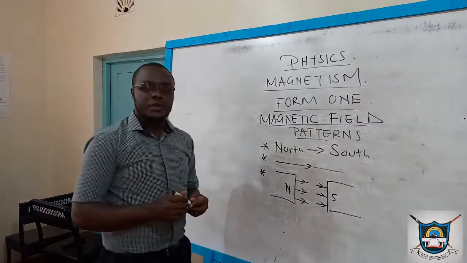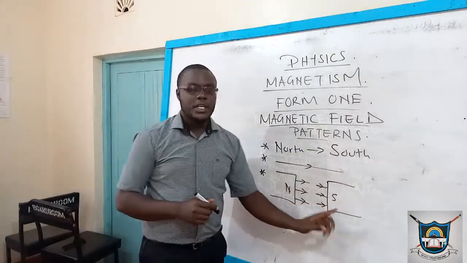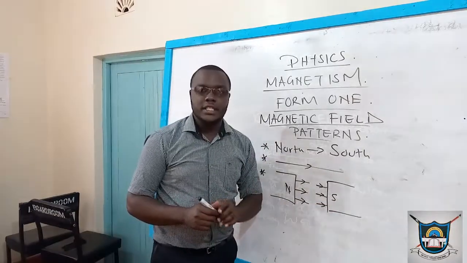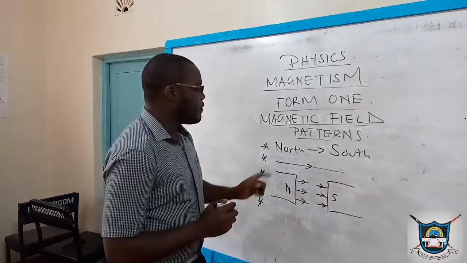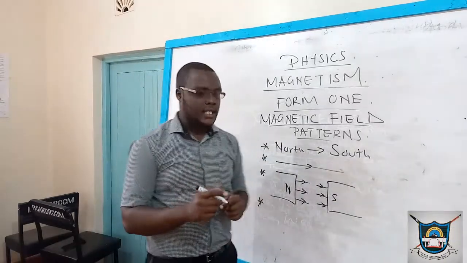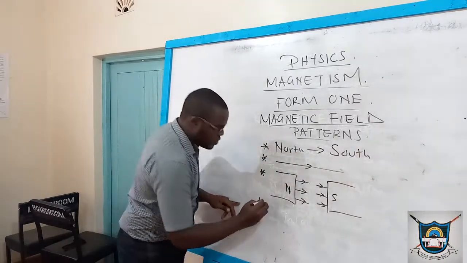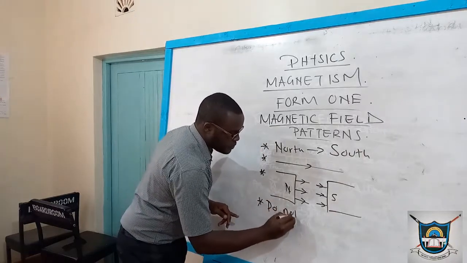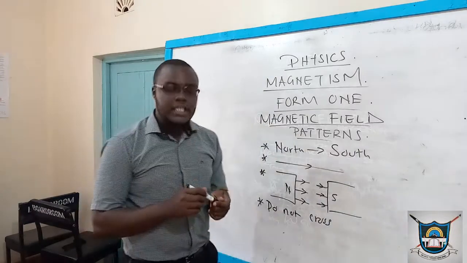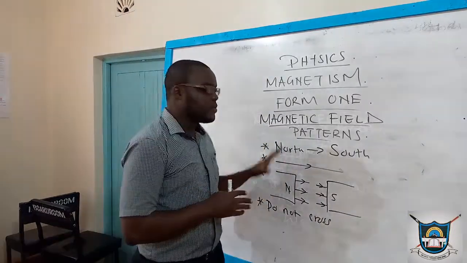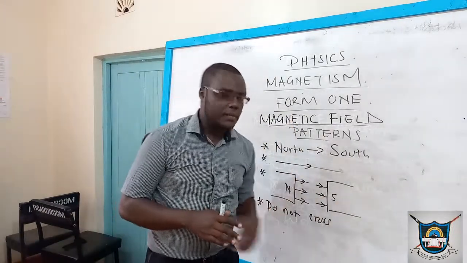And when they come to join the surface of the south pole, they should join it at 90 degrees. Another property of magnetic field patterns is that they do not cross. In case they cross, then that question is deemed as wrong.